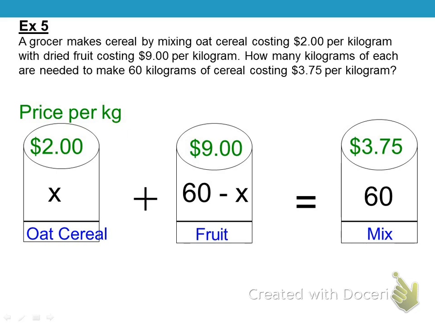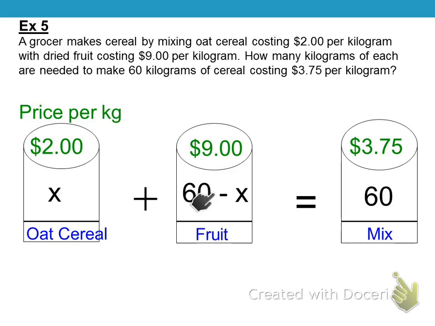So we know that the oat cereal is $2 per kilogram, correct? Now, we know the dried fruit is $9 per kilogram. We know the mixture is supposed to be $3.75. Do you see how it tells us how much we want the final mixture to be? So this needs to equal 60. We already know that. What we don't know is how much of each we have.